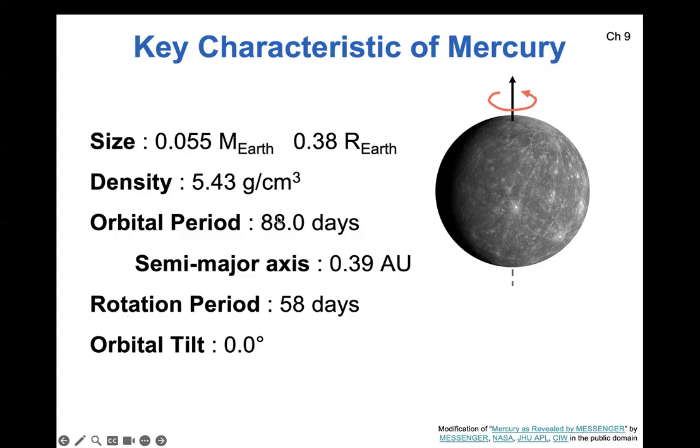Okay. I want to quickly, before I talk about the semi-major axis, compare that to the rotation period, which is 58 days. So this creates a really fascinating and unusual day-night cycle for Mercury. The fact that its rotation is about two-thirds its orbit.